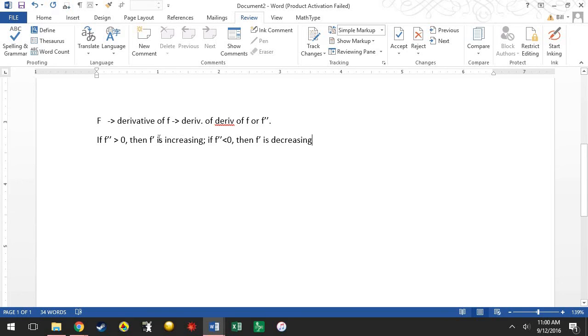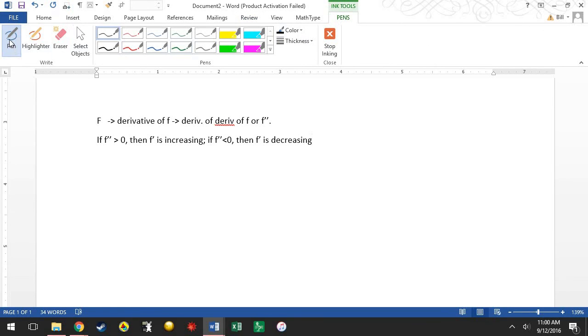It just tells us f prime is increasing, so f prime is getting bigger. So if f prime happened to be negative, then maybe the graph is going down, but we know that f prime is increasing, so this is some big negative slope. And as f prime is increasing, because the second derivative is positive, it's getting less negative.